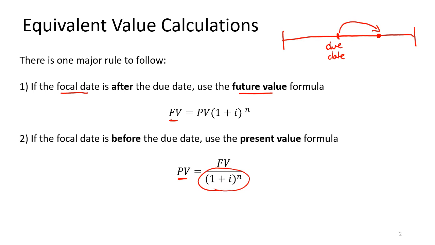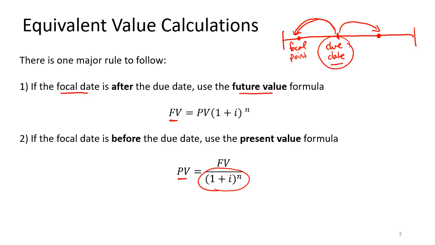If you're going the opposite direction, let's say you're right here, that's your focal point, and your due date of this loan or investment is in the future, then you need to use the present value because you need to take your money and discount it backwards to remove some of that interest that's earned on it. Because you need to find the present value, not the value it is in the future.